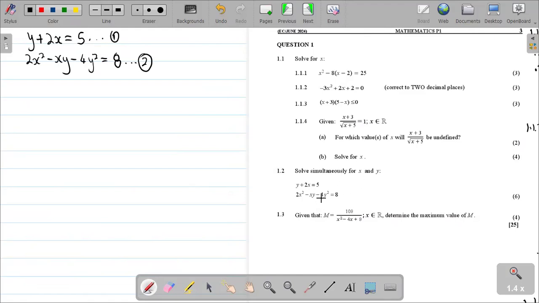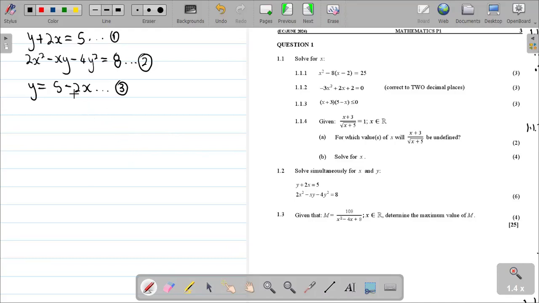So we take the two equations. So we can have equation 1, take 2x that side. So we can have y equals 5 minus 2x. And we can say this is equation 3. So we formed equation 3 here. And so then we have to substitute 3 into 2, isn't it?